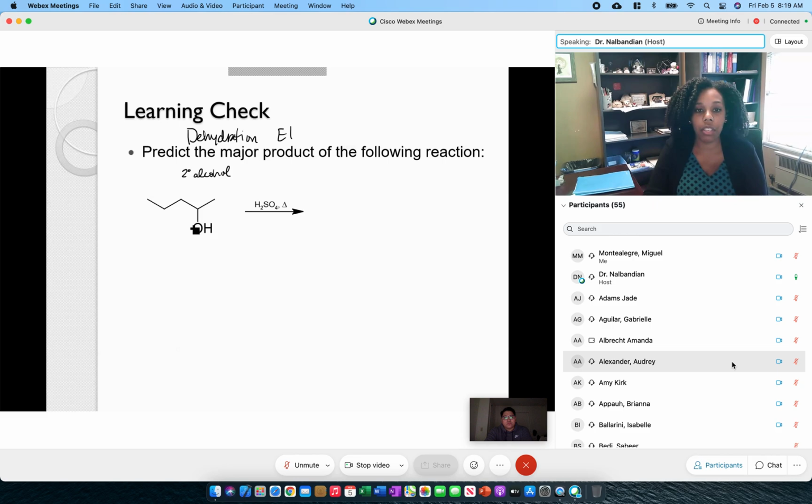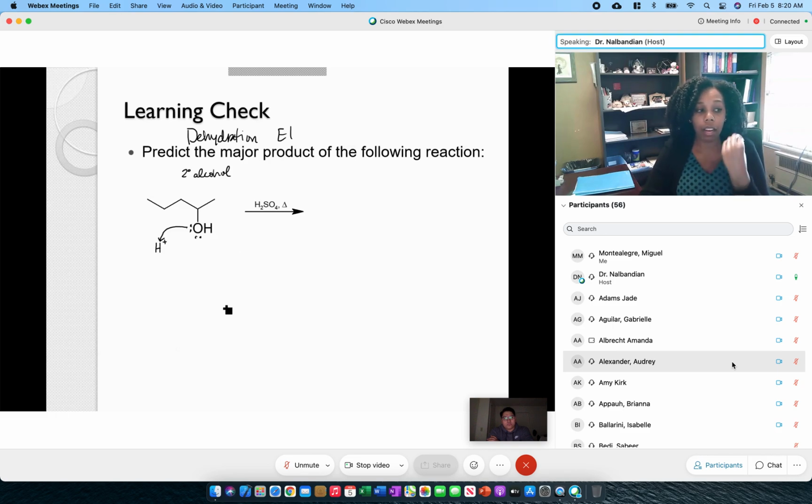And so we show our lone pairs, H2SO4, that's just a strong acid. And so we said in lab that we could just represent it as H+. So we can write H+ to represent H2SO4, instead of actually drawing all the bonds and everything. So from that lone pair to the proton, right?